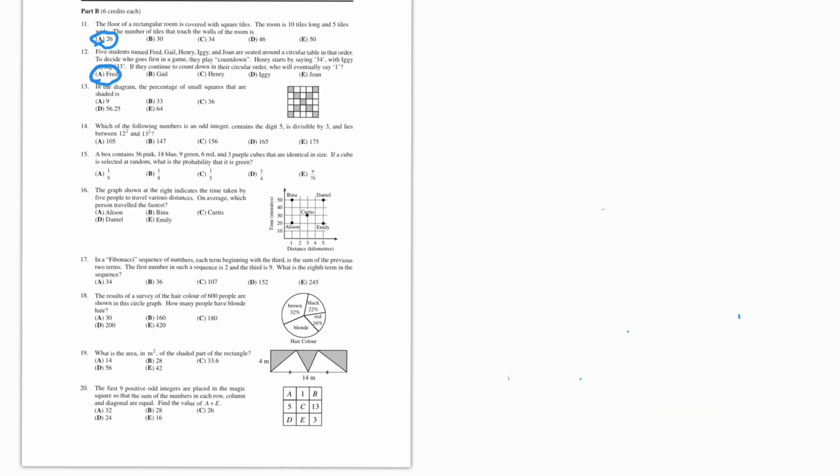Number 13. In the diagram, the percentage of small squares that are shaded is... Percentage equals expected over overall. 1, 2, 3, 4, 5. 5 by 5, total is 25.